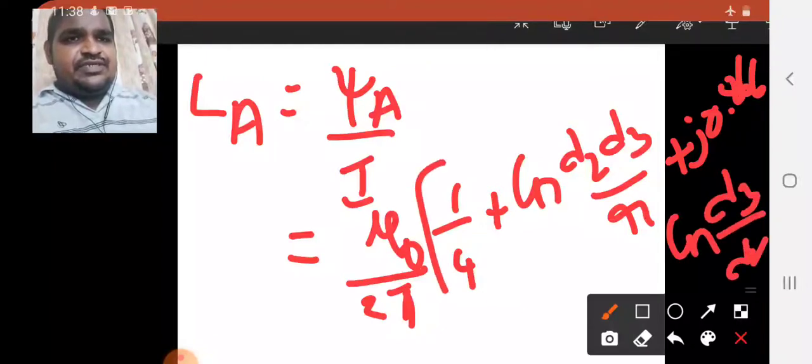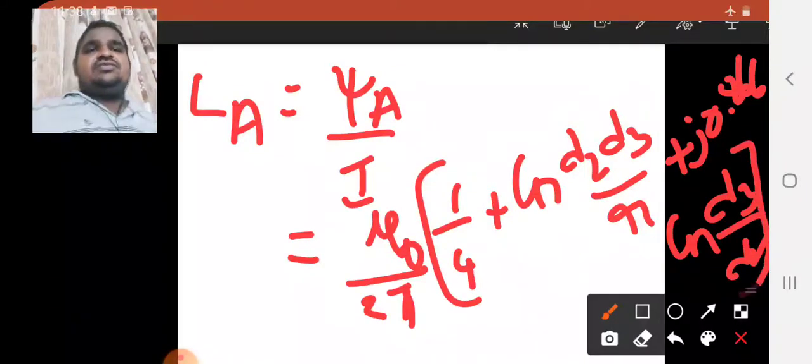So this is the expression for LA. Similarly, we can write the expressions for LB and LC also.